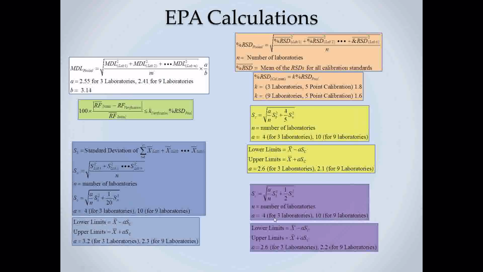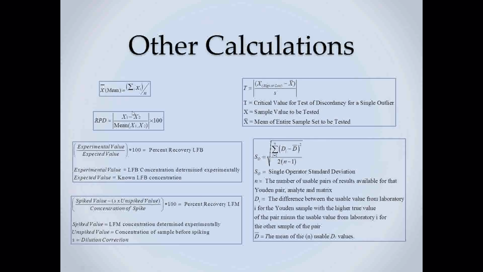Other calculations, just to let you know, there's the mean, relative percent difference, percent recovery for the LFB, percent recovery for the LFM and LFMD. The outlier test. We did outlier analysis on one data point out of all of the data collected, and it was due to a bubble formation in the detector.